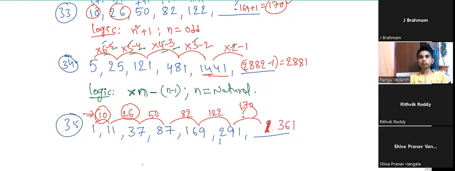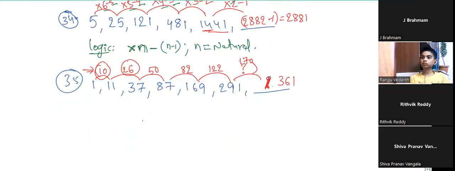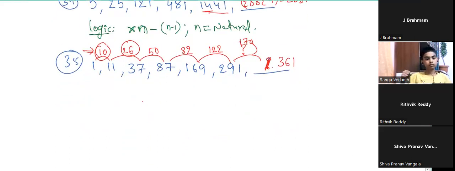Let me write the logic here. See, this 10 is nothing but 3 square plus 1. This 26 is nothing but 5 square plus 1. This is 7 square plus 1.